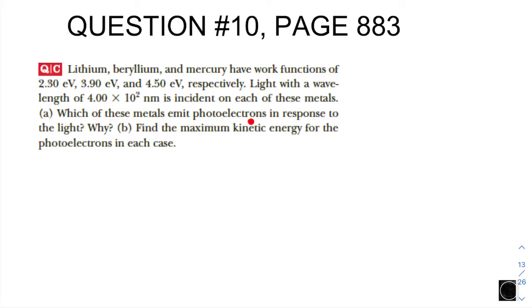Which of these metals emit photoelectrons in response to the light? Why? Alright, so we first need to know the energy of the photon incident on the metals. And then we need to compare whether the incident photon energy at least equals the work function, because the work function is the minimum energy required to eject a photoelectron.